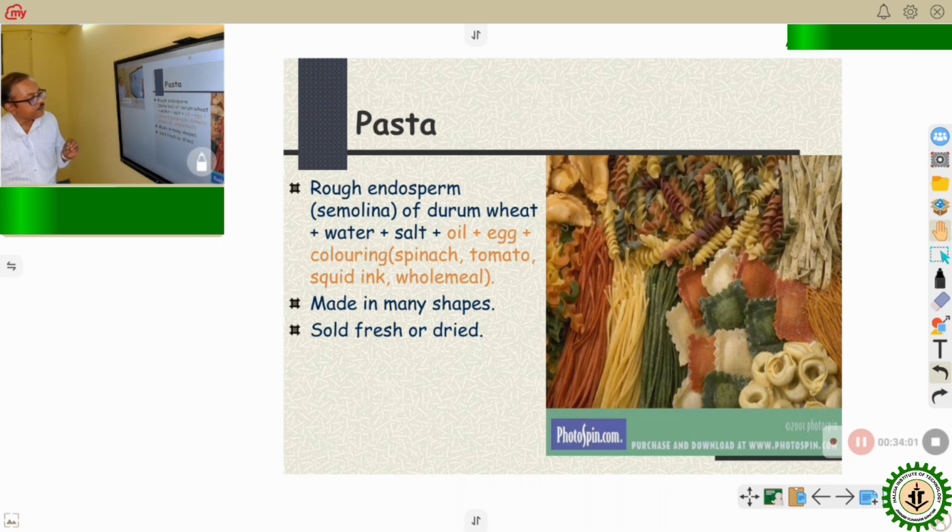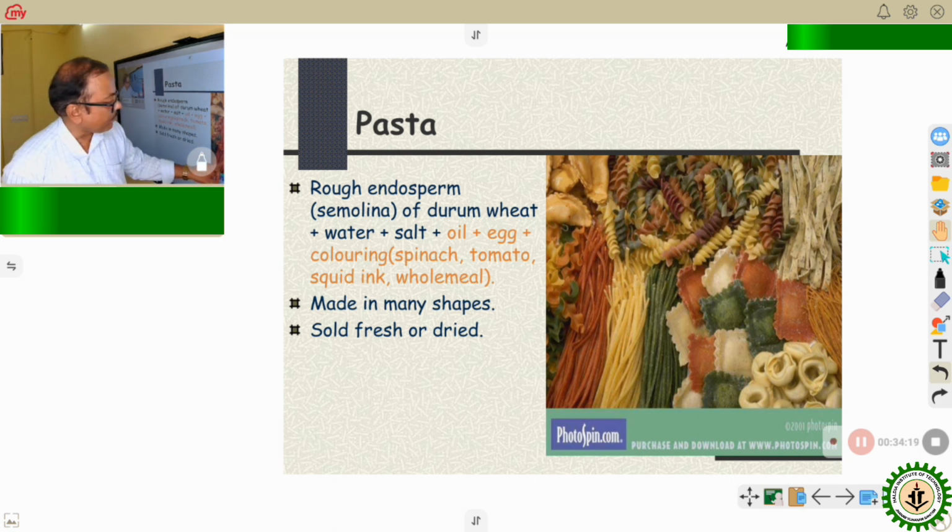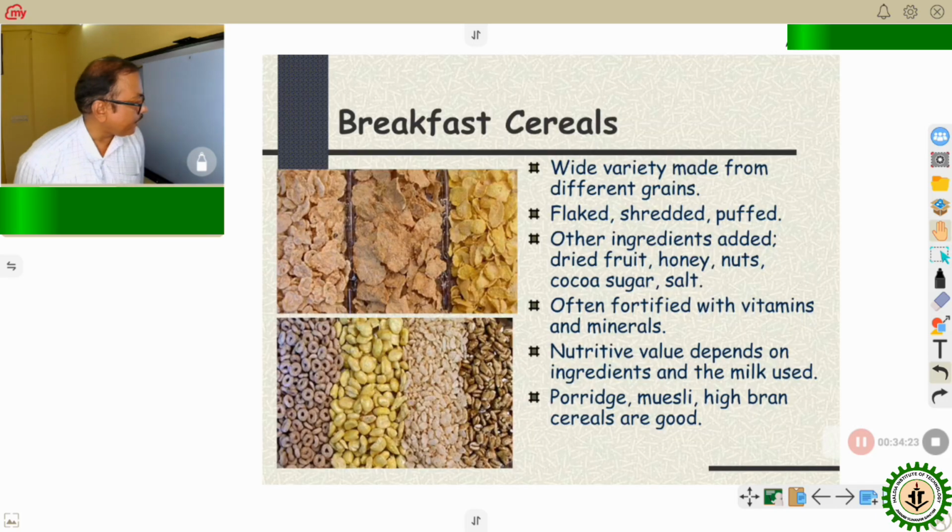That is the definition of semolina. Different types of pasta like vermicelli, macaroni, etc., are produced using durum wheat, made in shapes, sold fresh and dried. These are the diagrams of pasta. Different types of pasta are available.